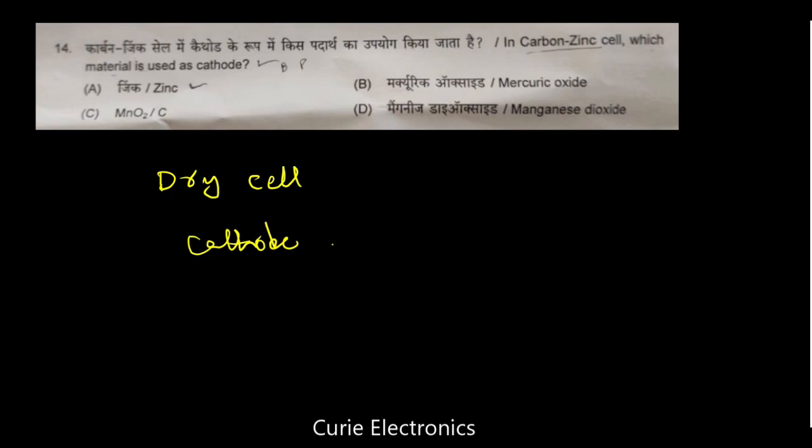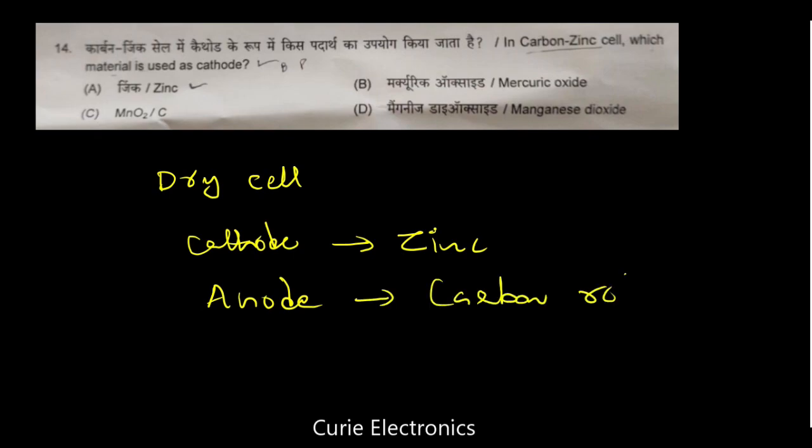That cover of that cell is the zinc. That is called zinc can. Zinc. This is the cathode. And anode is the carbon rod. So the answer is option A. Cathode, that is the zinc can.